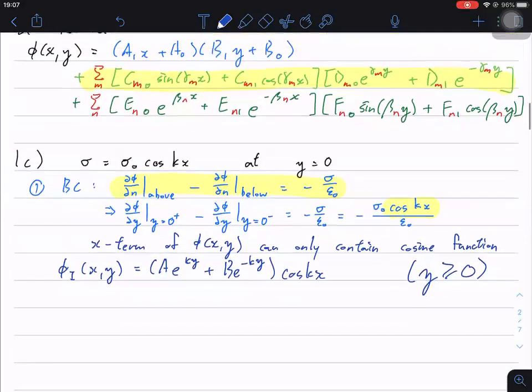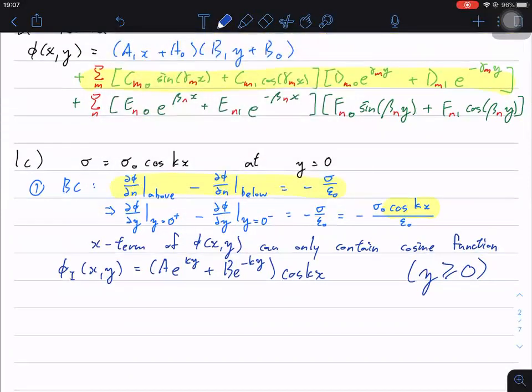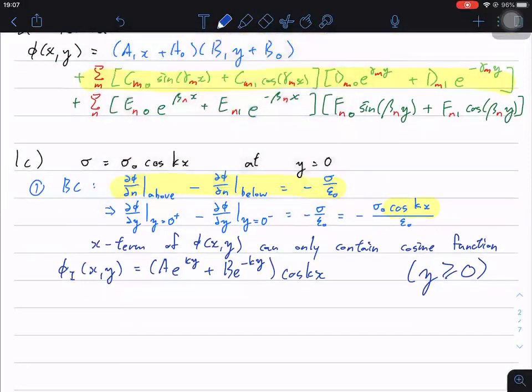Because by comparing to the solution of 1b, cosine kx on the right side of our boundary condition, the value k matches the eigenvalue in cosine gamma x. So in that case, we know that there is only one possible eigenvalue, gamma equals k.